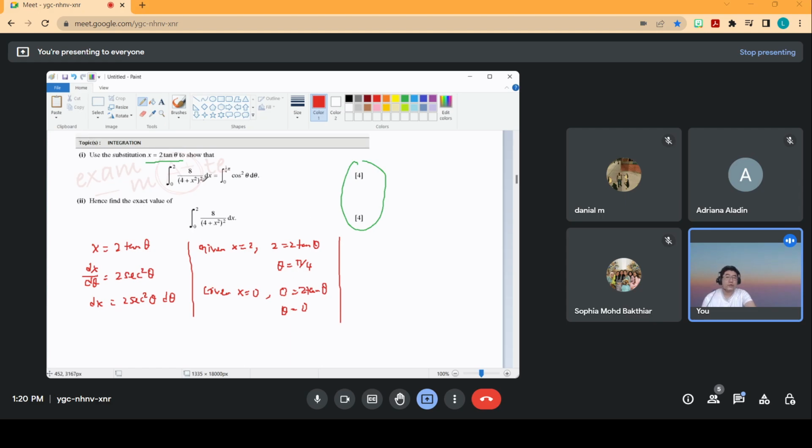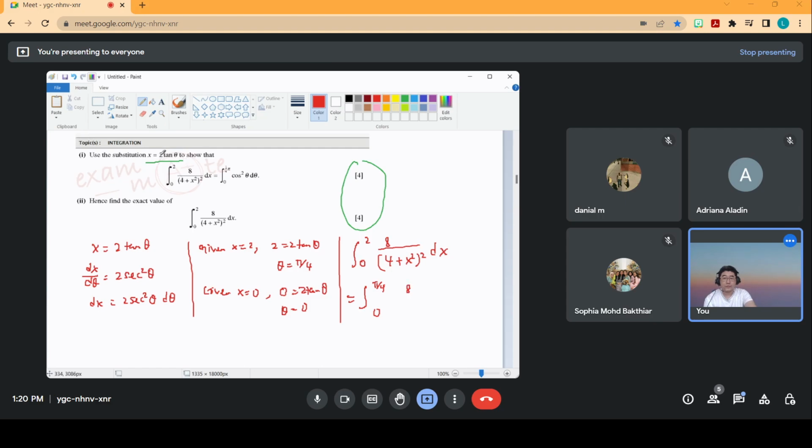So once everything is ready, we can start substituting. From 0 to 2, 8 over 4 plus x square, squared. So this 2 changes to pi over 4, and this 0 changes to 0.